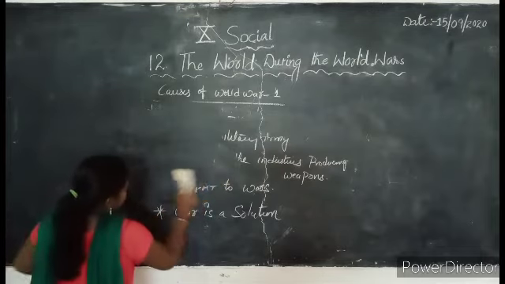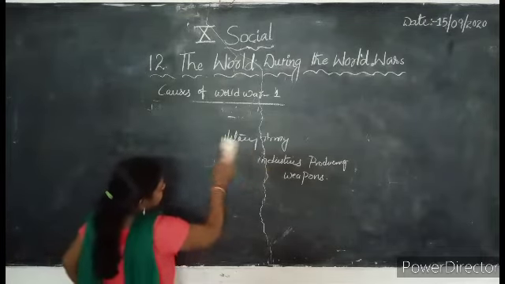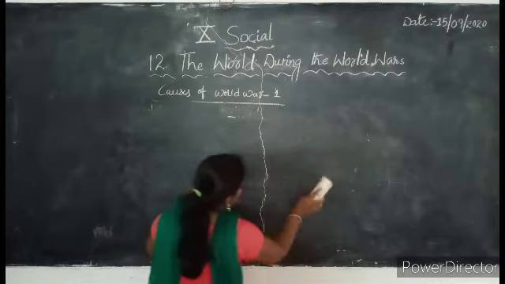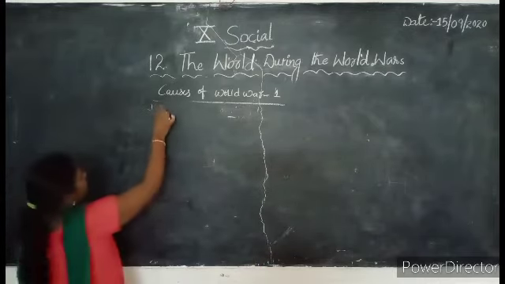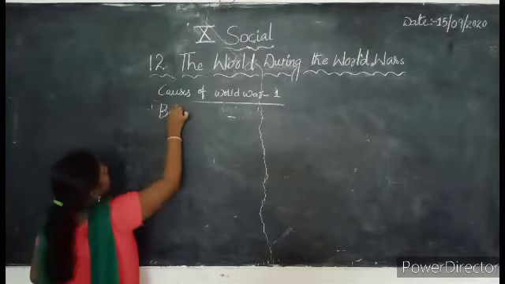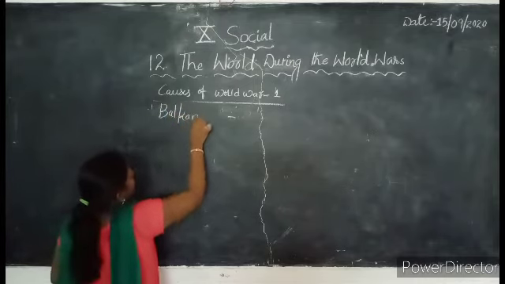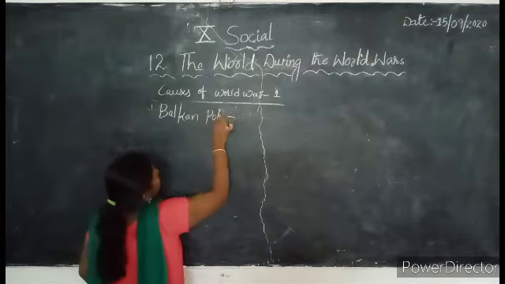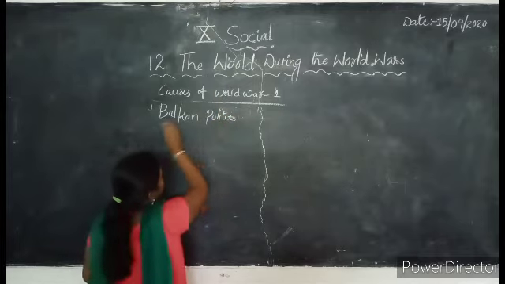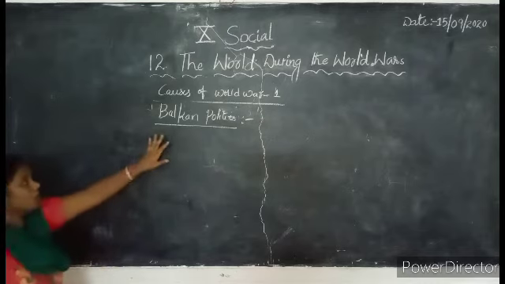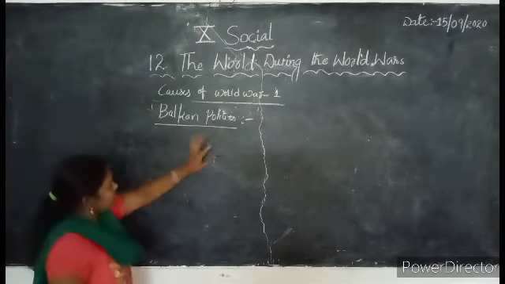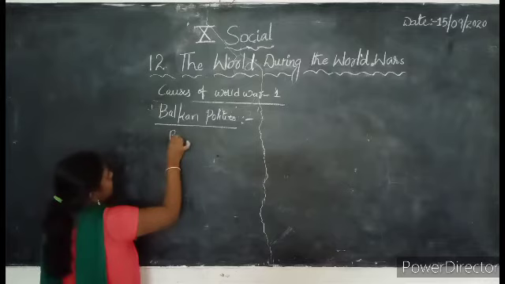The next cause of World War I is Balkan politics. What do you mean by Balkan politics?